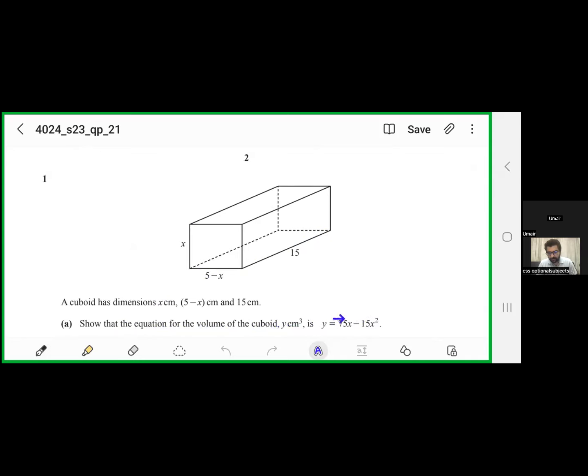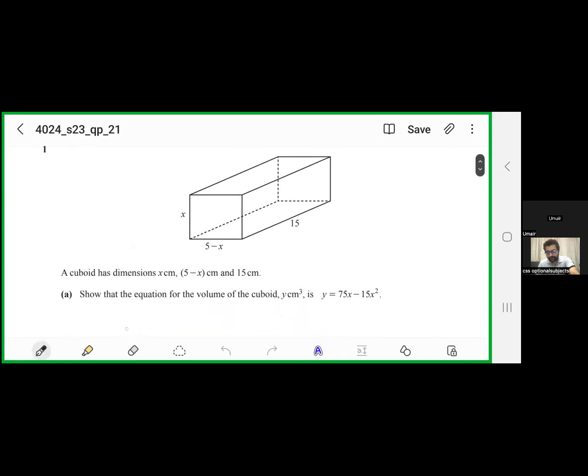As we know, the volume of the cuboid, which is represented by y, is basically length multiplied by width multiplied by height of the cuboid. So from here, the length of the cuboid, if you consider it 15, dot means multiply.